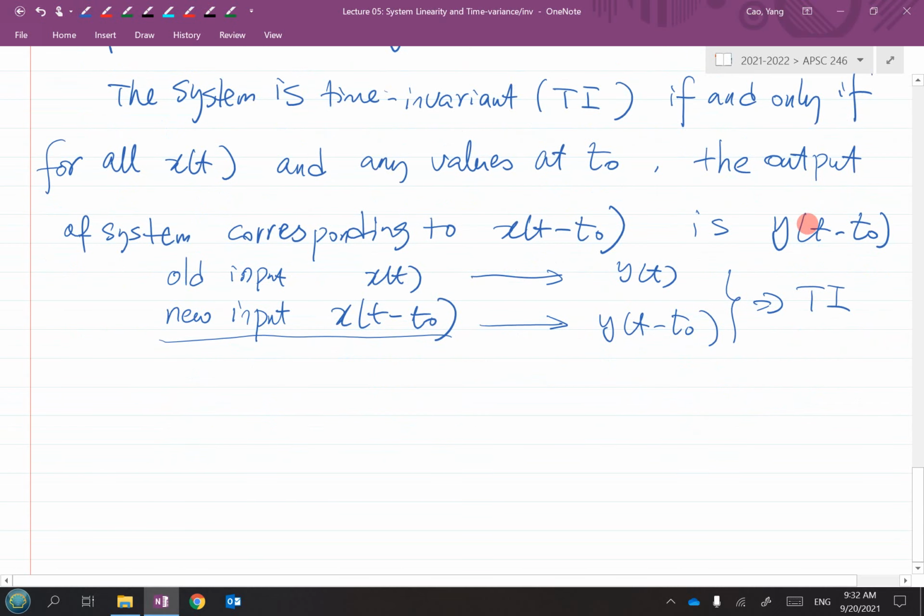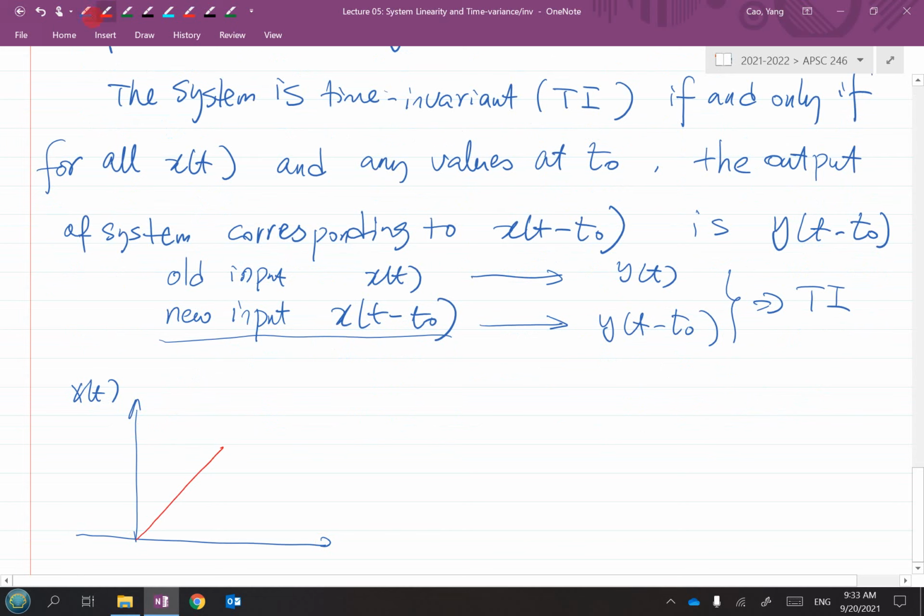So let me use a graph here to understand a little more about this time invariant property. Suppose this is your input x of t. I'll just arbitrarily draw the input signal x of t.